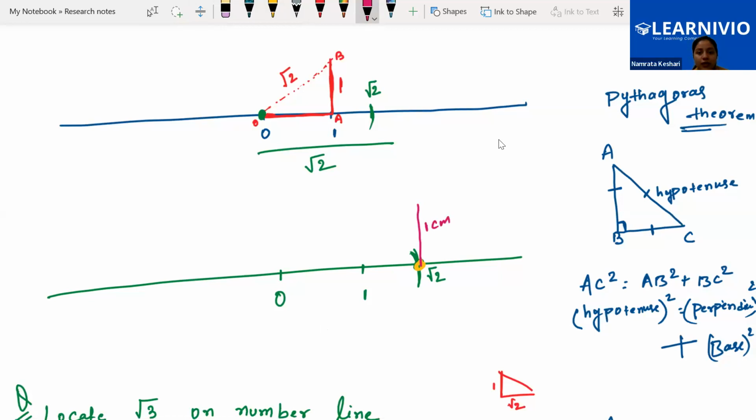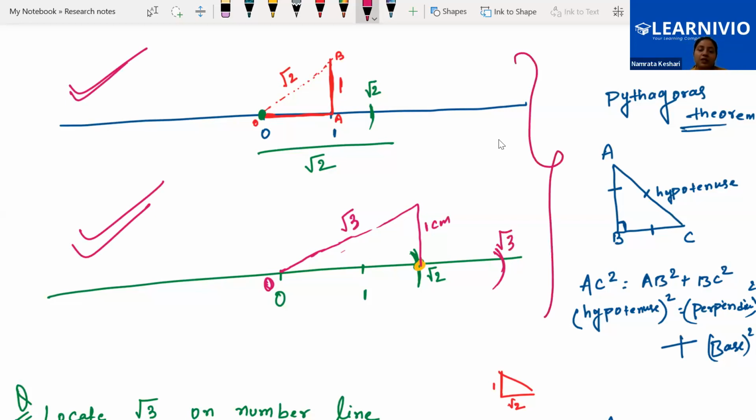Now when you join it with this point O, this is root 3. So to plot root 3, first you have to make this diagram, and then you are getting root 3. You can take it in your compass and make the arc over it. That is exactly the location of root 3.